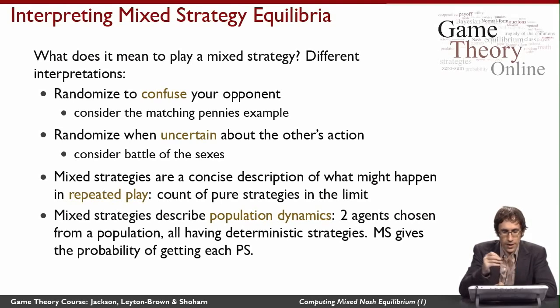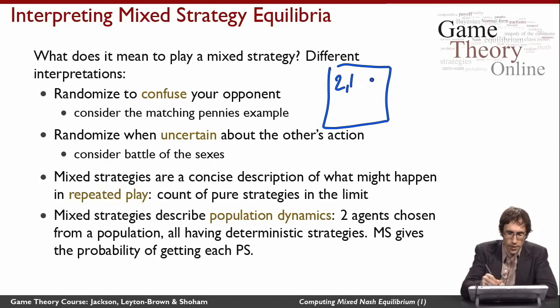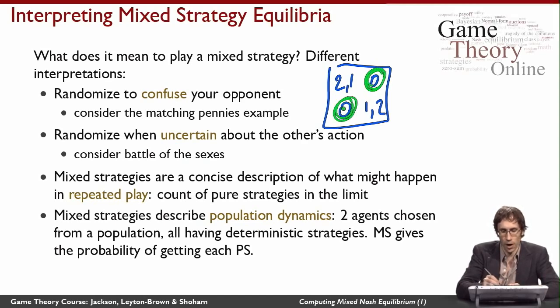So the mixed strategy equilibrium here is an unhappy thing because, when we play this 2/3, 1/3 equilibrium that we just looked at in Battle of the Sexes, with payoffs 2, 1, 0, 0, 1, 2, if we're mixing, there's some possibility that we're going to end up in these uncoordinated outcomes that neither of us likes. That's just an unhappy thing about the fact that we're playing a full support equilibrium.